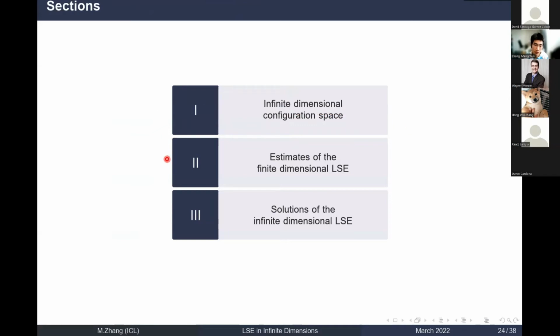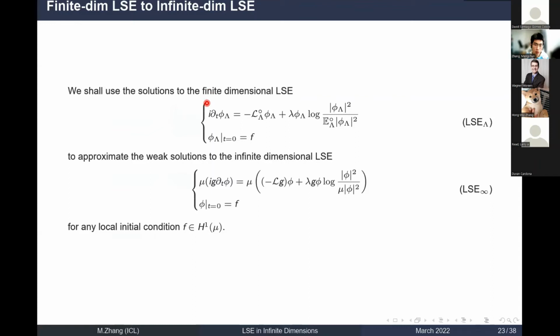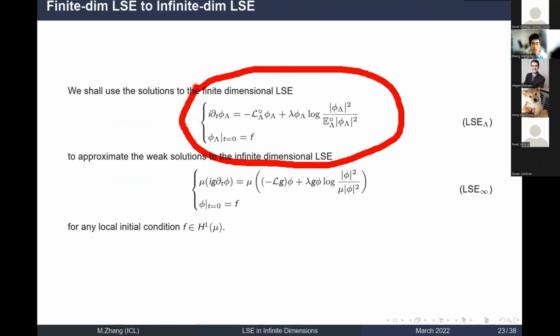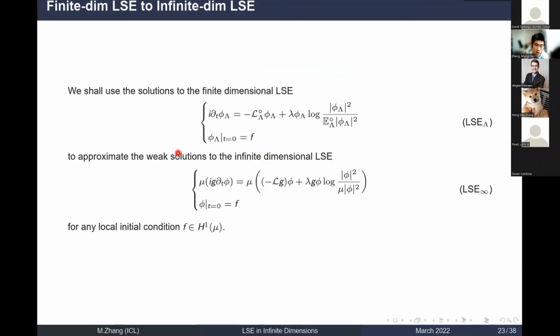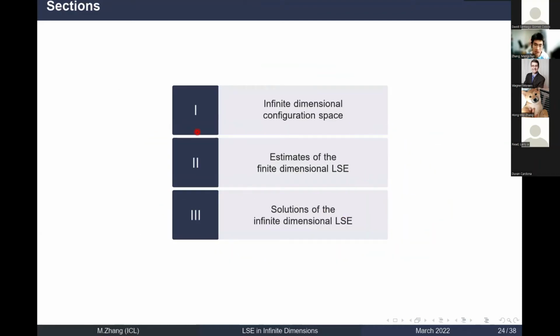We will begin section 2, in which we will deduce some finite dimensional estimates for this guy here. As I mentioned before, we need to deduce uniform estimates for this finite dimensional LSE, so that we can use these estimates to approximate the solutions for this guy here. So now we're in the second section.